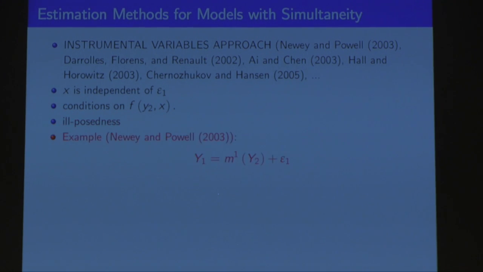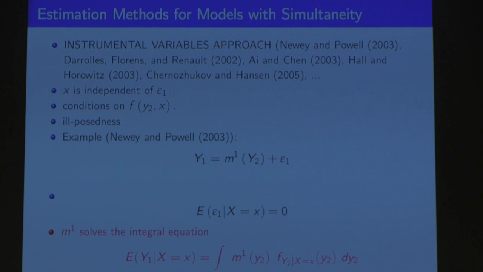Models with simultaneity have been considered, and there are different approaches. One approach is extending what we could do in linear models. So for example, if you have this model, y1 is a non-parametric function of y2 plus epsilon 1, there is also a non-separable version of this. So think about taking an instrument x, so that the expectation of epsilon 1 given x is 0, okay?